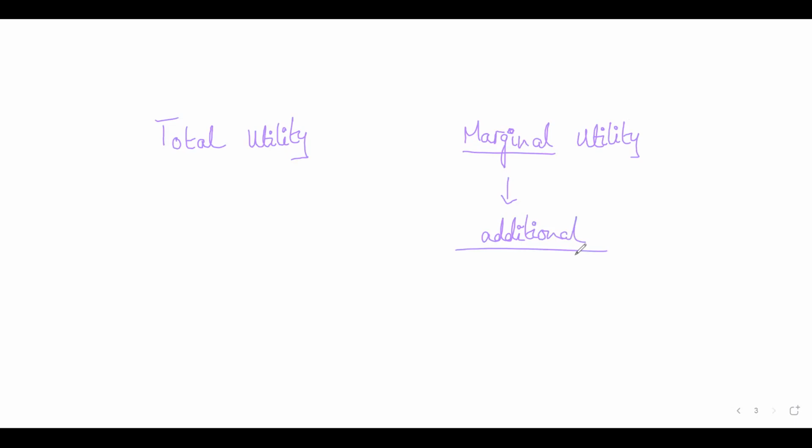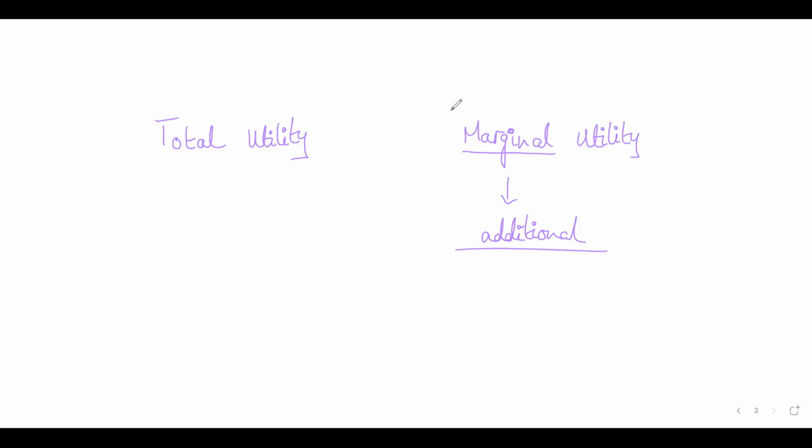Now, what I was saying, have a look at this. The first slice gives you the most pleasure. Do you agree with me? The first slice of pizza, when you are really hungry, will give you the most satisfaction. It's not that you will not eat the second one. You'll also eat the second one because that's also giving you some satisfaction, but not as much as the first one. That's all I'm saying, right? Are you getting it?